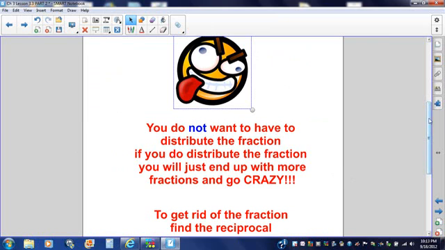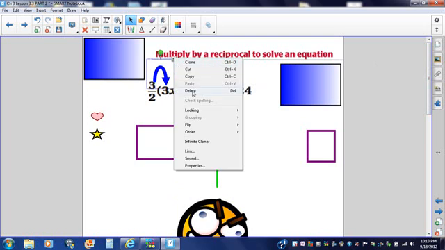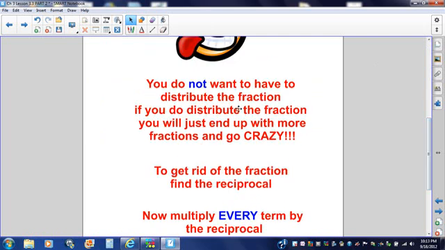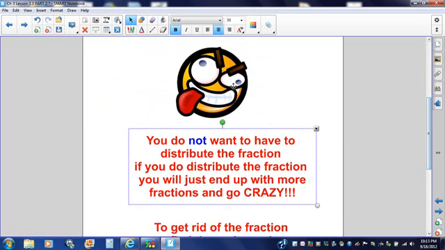So yes, you could distribute the fraction, but it's probably not the easiest way for most of us. So I'm going to show you a different way to do the problem. If you distribute the fraction, it would just make you end up going crazy, like the crazy math teacher.